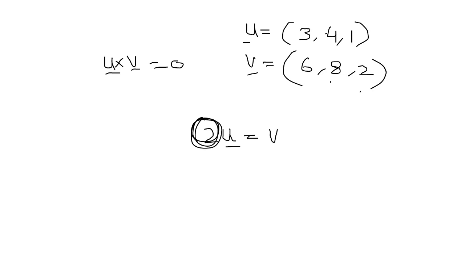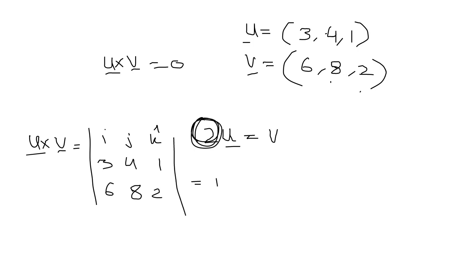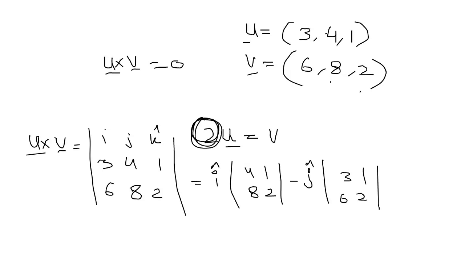So you can also prove that their cross product is equal to 0 or not. I, j, k, 3, 4, 1, 6, 8, and 2. So i times the determinant of 4, 1, 8, 2, minus j times the determinant of 3, 1, 6, 2, plus k times the determinant of 3, 4, 6, 8.